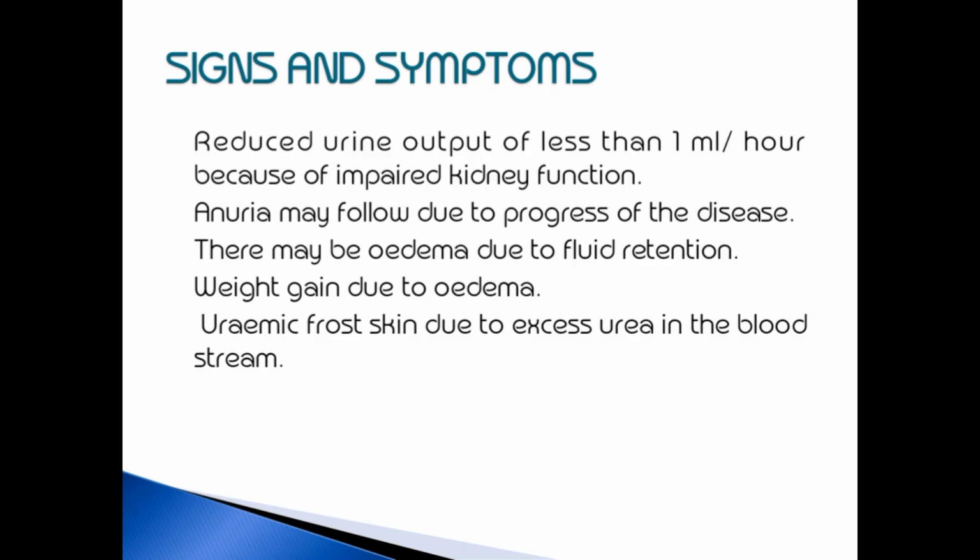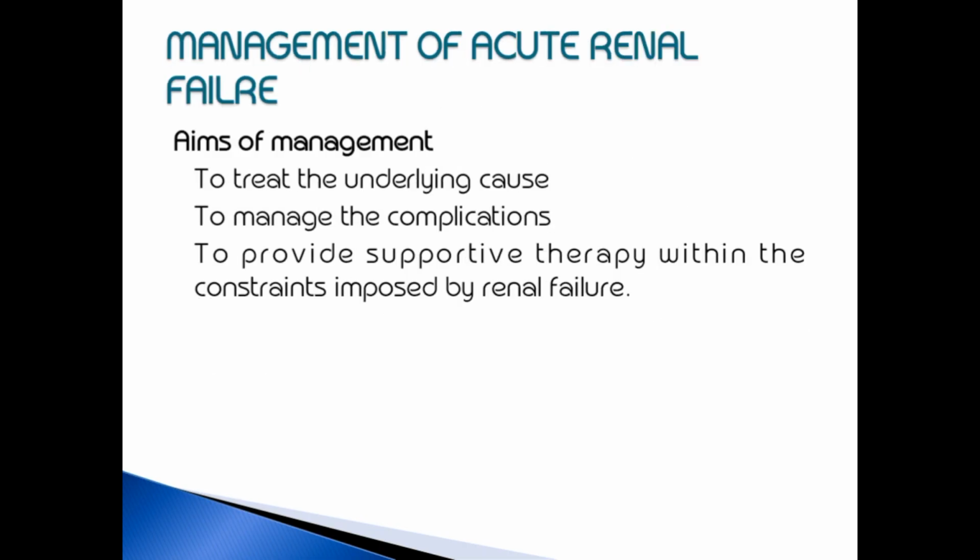There may be uremic frost on the skin due to excessive urea in the bloodstream. Those are the signs and symptoms. The other signs and symptoms you can remember are drowsiness, vomiting, nausea, and abdominal discomfort. All those may be added under the signs and symptoms.